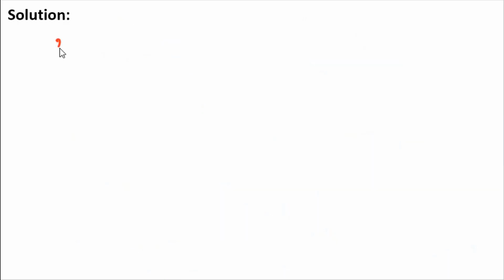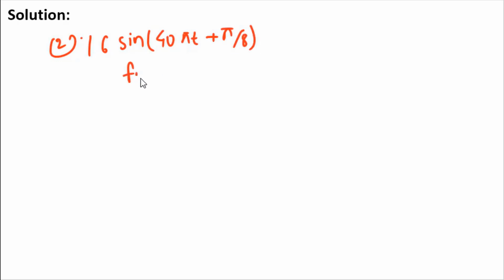Now for the second, that is 16 sin(40 pi t plus pi by 8), your f naught is 20, and the magnitude of H(f) at f naught will be 1 minus mod of f over 20.